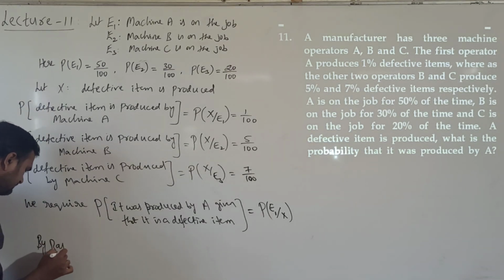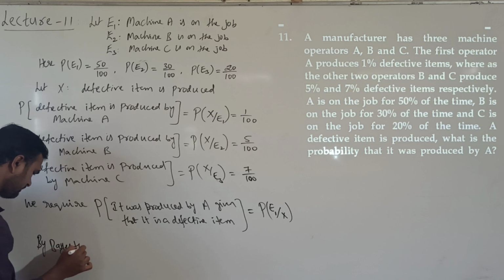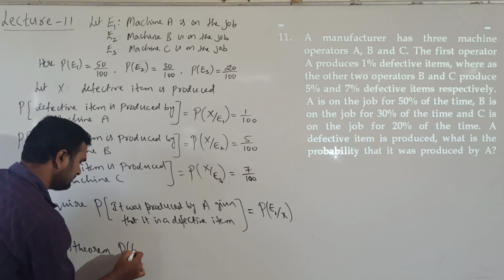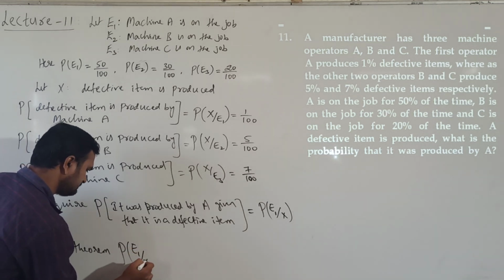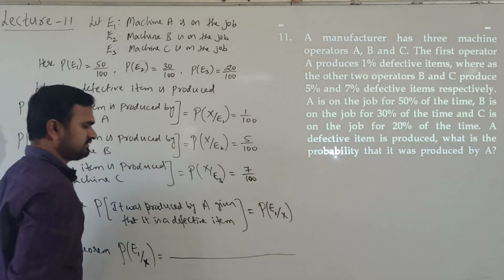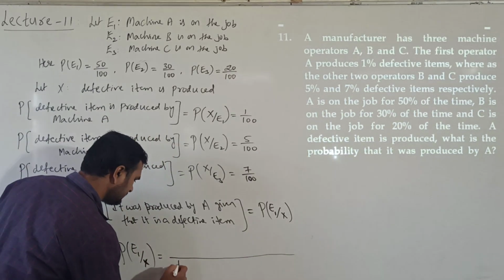So by Bayes theorem, P of E1 given X. In the denominator we write the total probability, since it may occur in E1, E2 or E3.